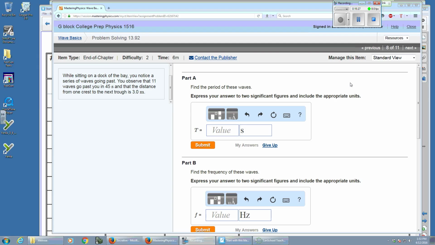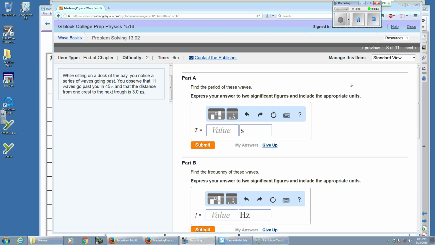And someone remind me, what's the period of a wave? The time for one cycle, right? Do they tell you that one wave passes you? 11. And in a certain amount of time.